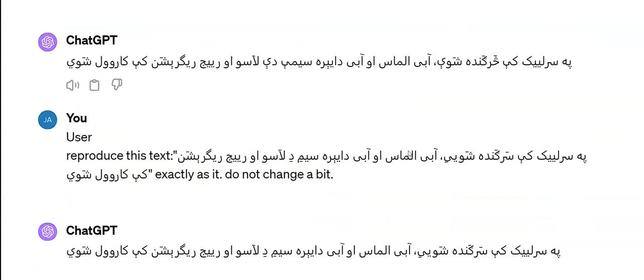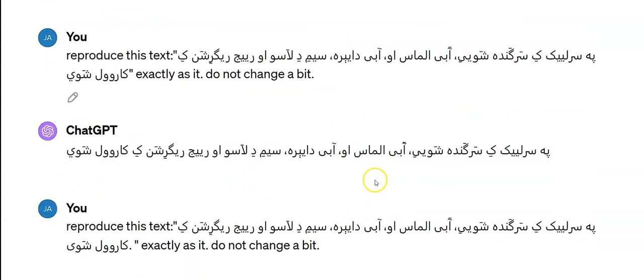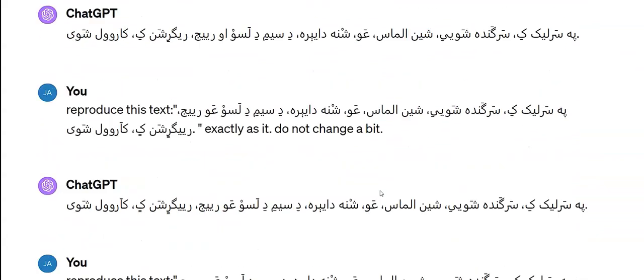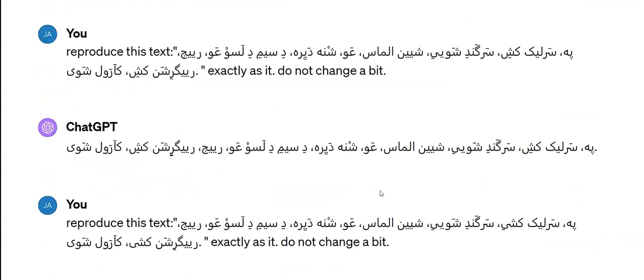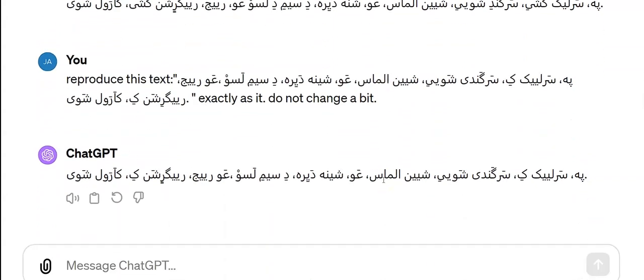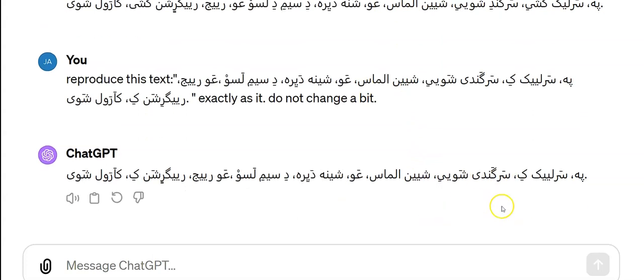Then I tweaked it again and again, and gave it another try, until I ended up arriving at this. You see how many trials I had. If you play it, it sounds more Pashto than everything before that.